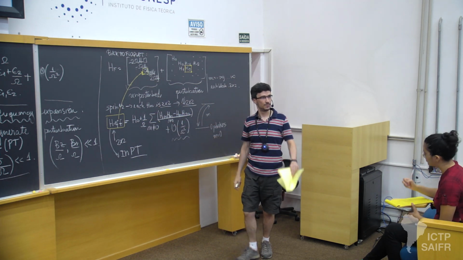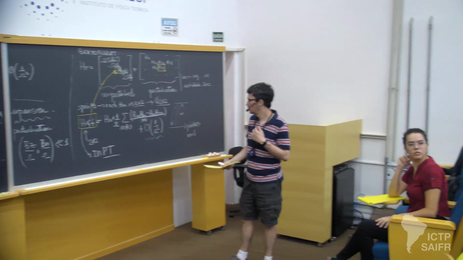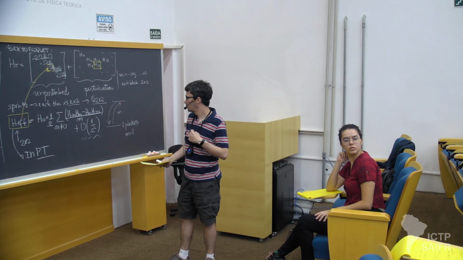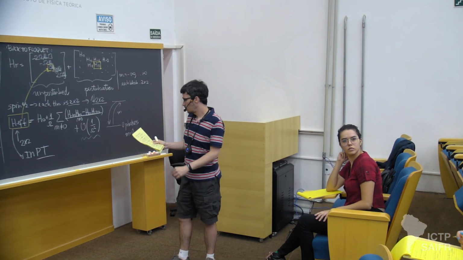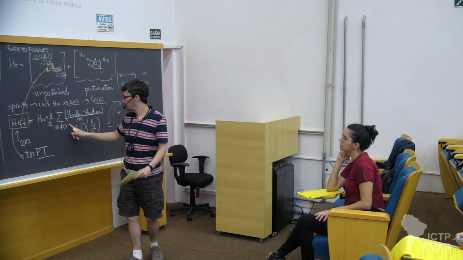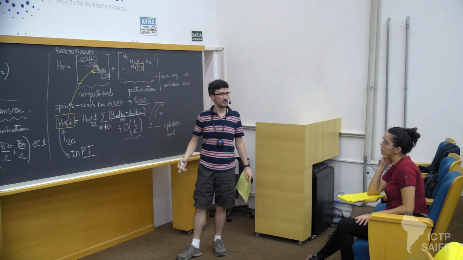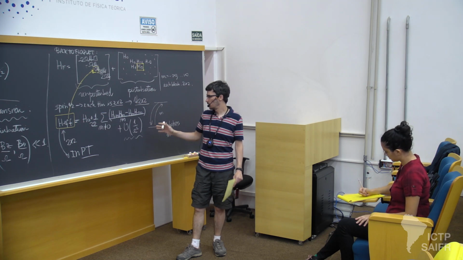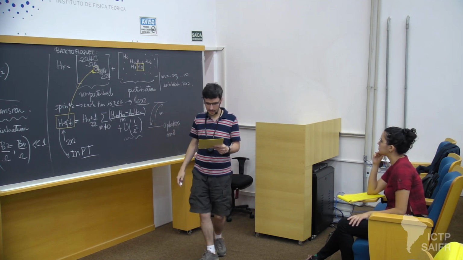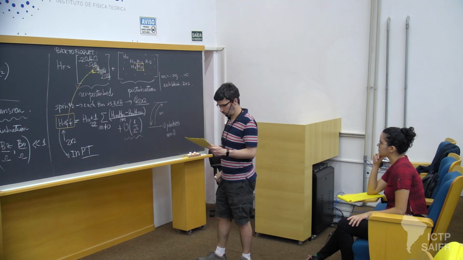Yes. No, I didn't put a half here. Oh, sorry, that's why. Yes. Thank you. Yes. We can discuss the origin of this factor of 2 later. Yes, there is a factor of 2.